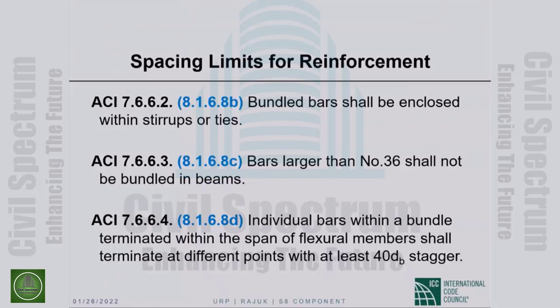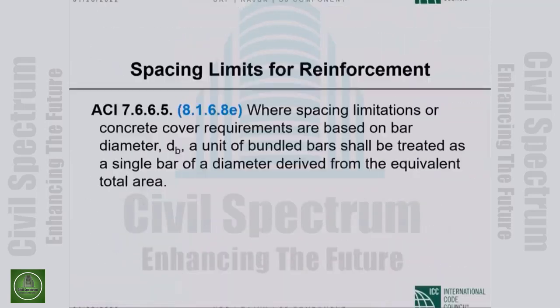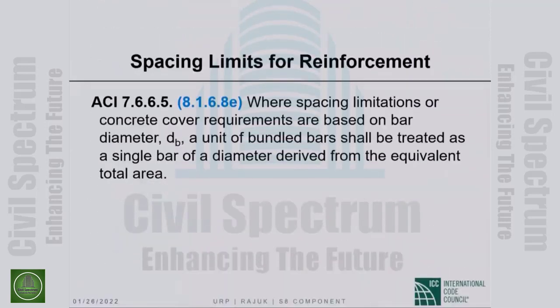Individual bars within a bundle terminated within the span of flexural members shall terminate at different points with at least 40 bar diameter stagger. So if it is a 3-bar bundle, the 3 bars will be cut off at different locations with a 40 diameter stagger. This is in beams, not necessarily in columns. Spacing limits for reinforcement.